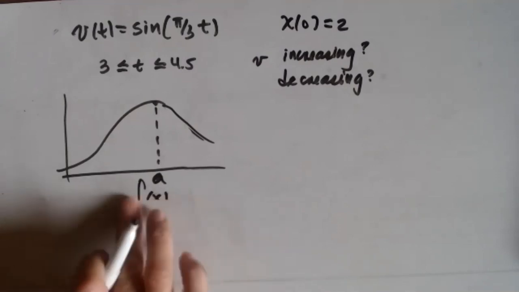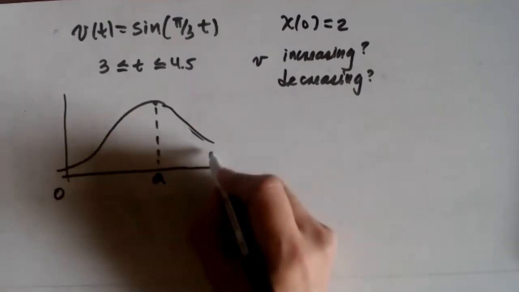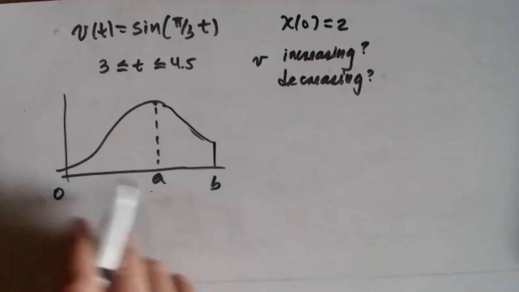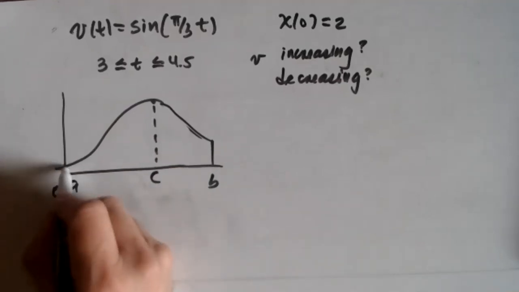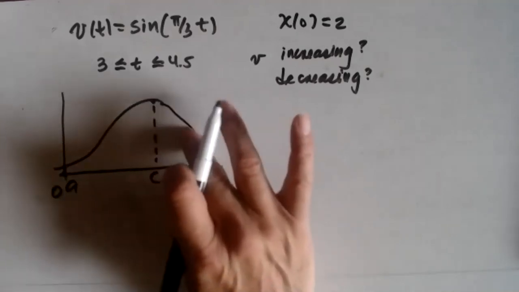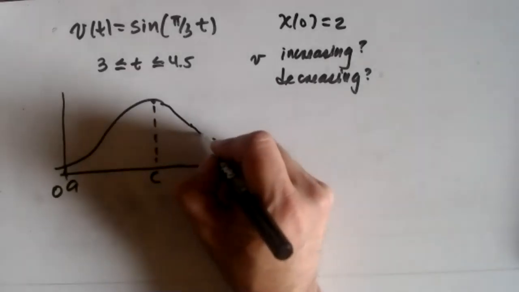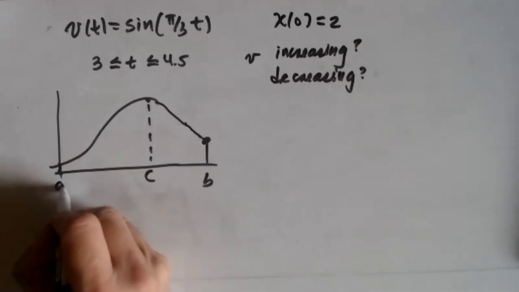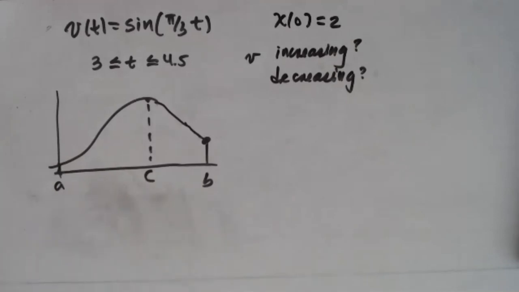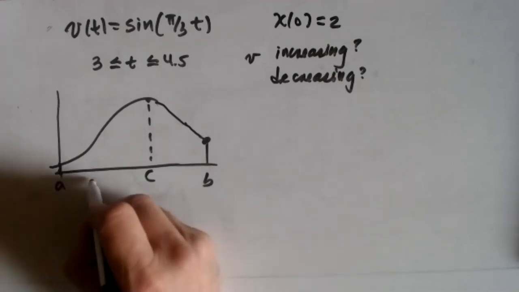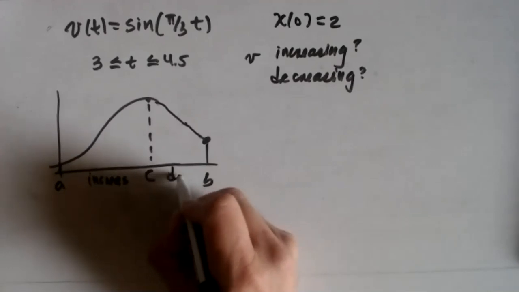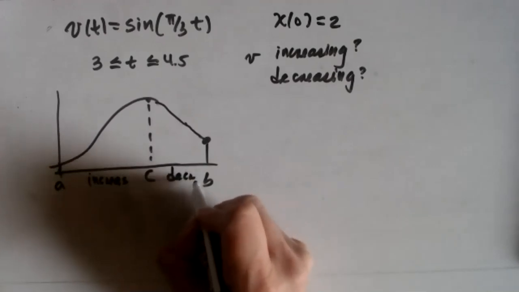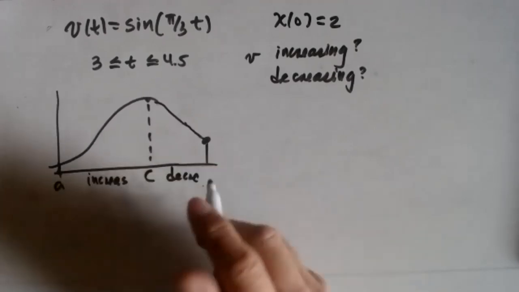Now my situation, and this is the point A, right? And this is B. Well, vamos a ponerle C. Now, if I ask you on what interval this function is increasing, what interval is that? From A to halfway to C. You see, here is increasing, correct? And here is decreasing, correct?